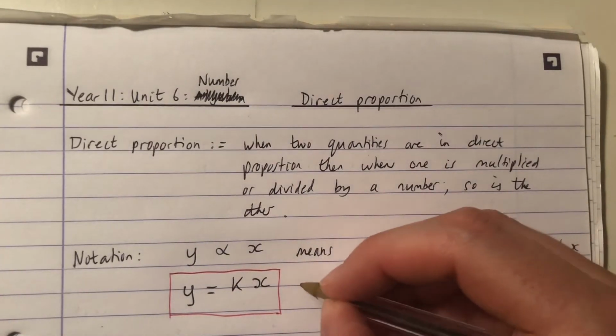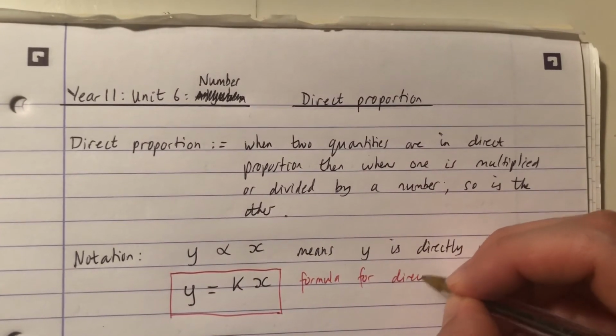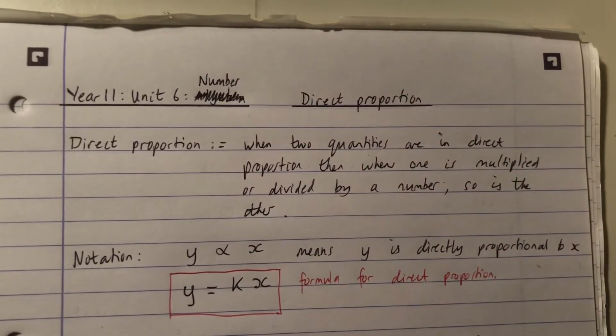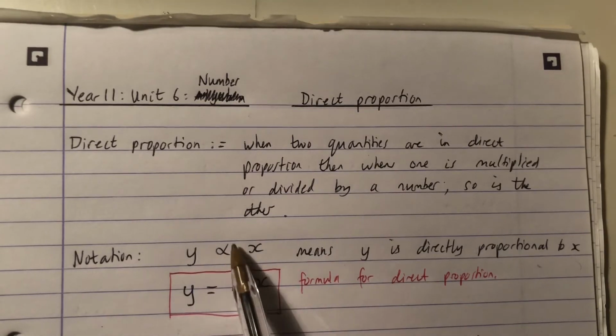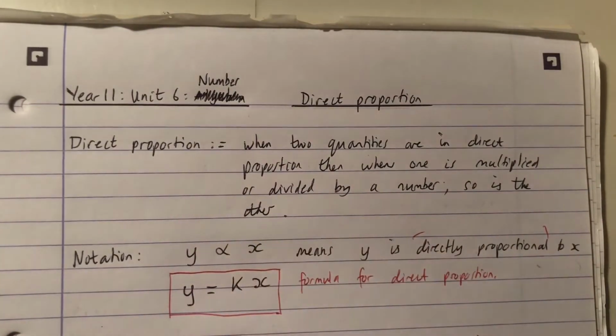So this is the formula for direct proportion, and the letter k in this varies on the question. The fancy word for it is the constant of proportionality, but you don't need to know that. Also, the symbol there is a Greek letter called alpha. Not a fish, but the Greek letter alpha. And that is just read as directly proportional.